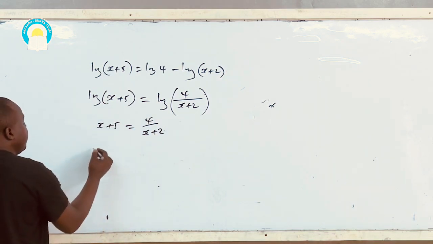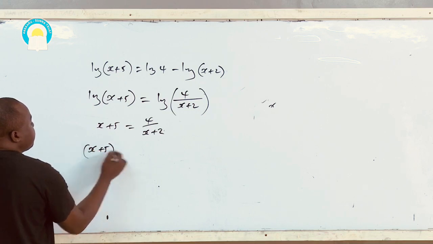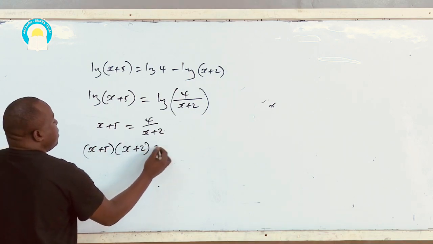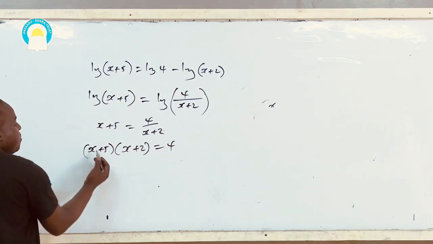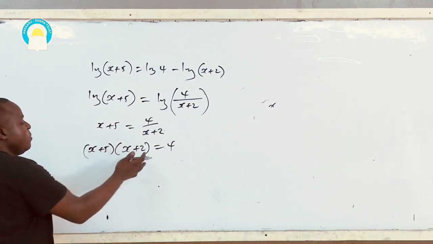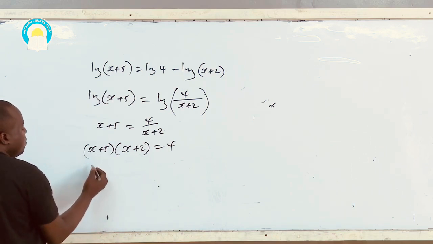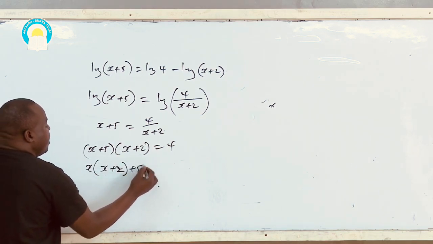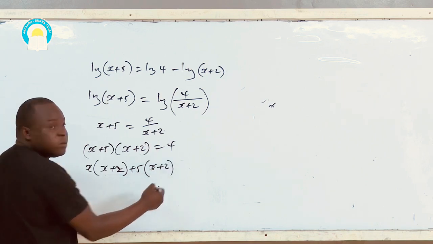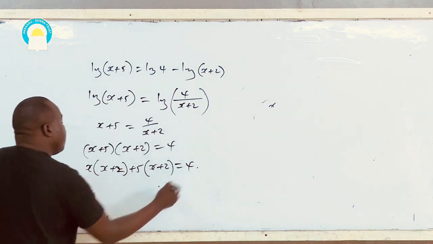Now, if you cross multiply, you'll have (x + 5)(x + 2) equals 4. It ends up being quadratic, because I have two terms which, when multiplied, will be quadratic anyway. So it's x times (x + 2) plus 5 times (x + 2) equals 4.